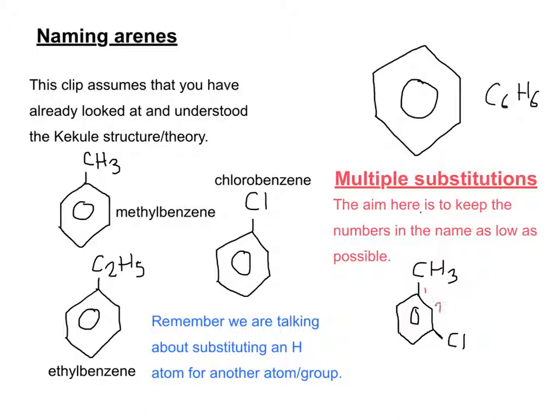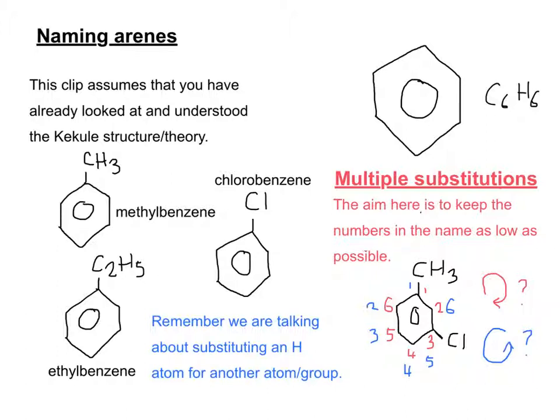Is this on carbon number 3? Or is it on carbon number 5? So in other words, do we name the ring clockwise, or do we name the ring anti-clockwise?